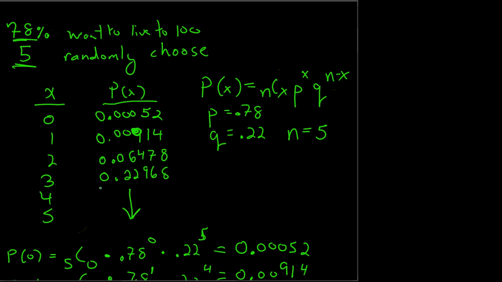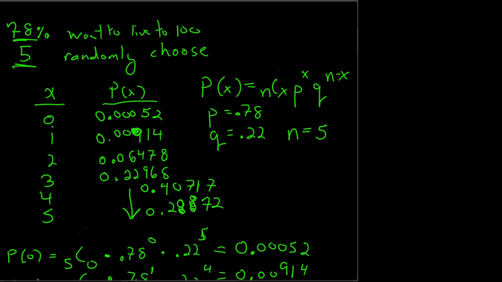And so 4 becomes 0.40717, and 5 becomes 0.28872.